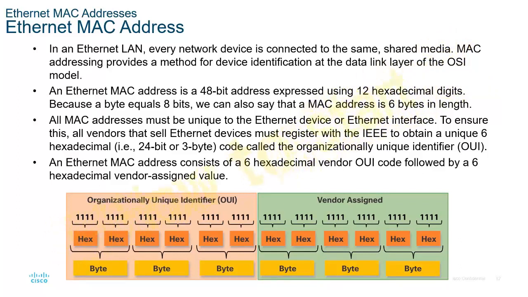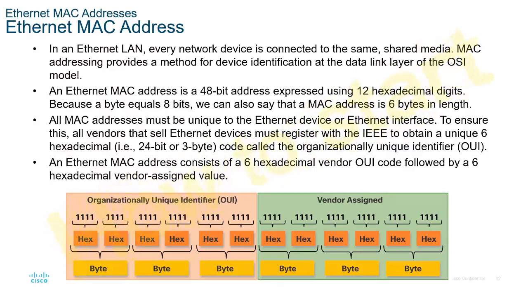Basically, IEEE will give you an OUI if you're following their standards. And once they give you that OUI, then you, the vendor, would then randomly generate the last 6 bytes. So in order to get that first 6 bytes, you have to follow IEEE standards when it comes to having an Ethernet MAC address. So again, a physical address is going to be an interface connection between some type of hardware and the network.